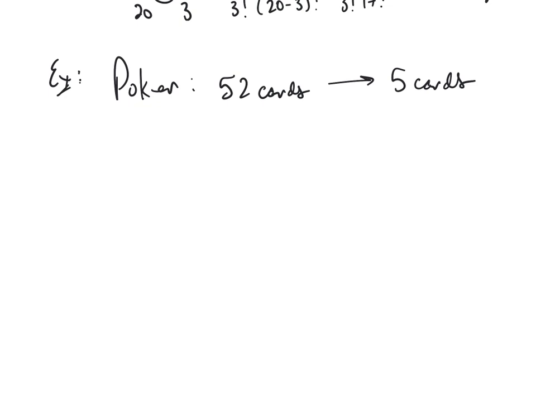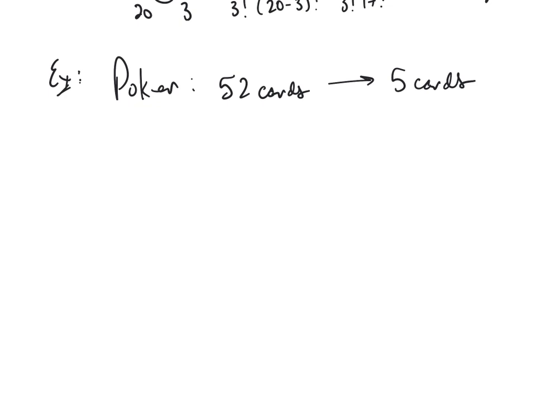So my question to you is, how many different 5-card poker hands can you possibly be dealt? Now in most card games, there are probably some exceptions, but in most card games, it doesn't matter which card you receive first, second, third, fourth, and fifth. In other words, when you get your 5 cards, you can rearrange them in whatever order you want.